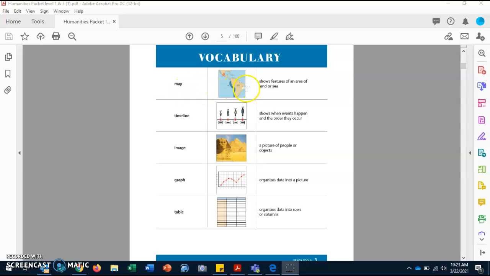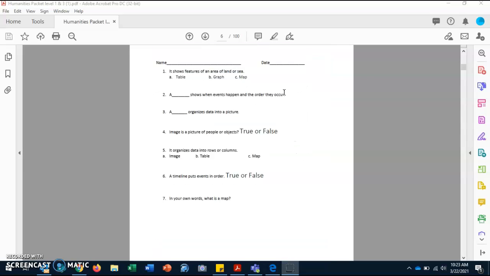So let's read what map is, and it says, shows features of an area of land or sea. Is that what the question is asking us? It shows features of an area of land or sea. Yes, it is. So we just found our answer. It is map.